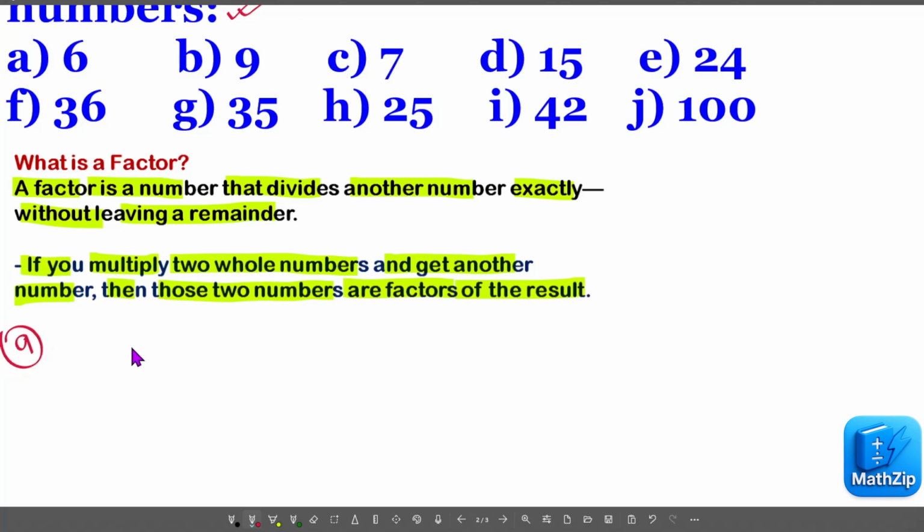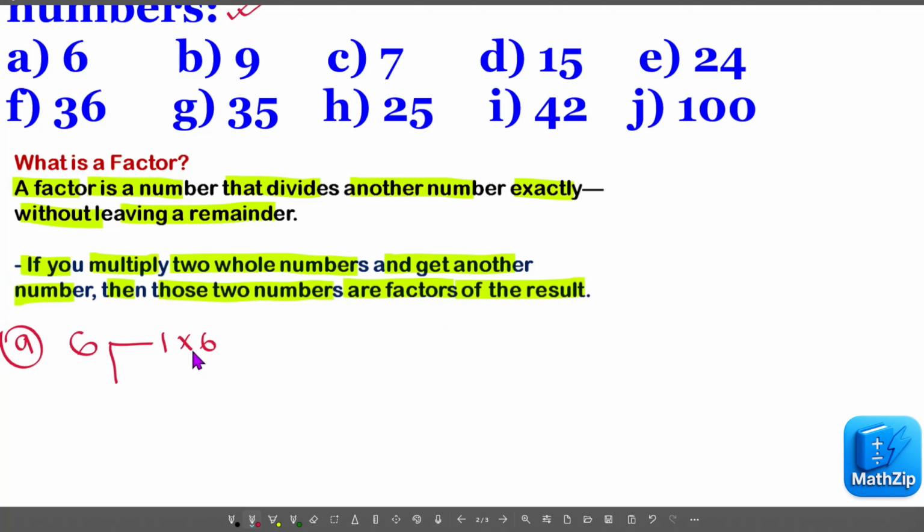Number A, 6. This 6 has different factors. 1 times 6 is 6, right? Here it is mentioned, if you multiply two whole numbers and get another number, then those two numbers are factors of the result.